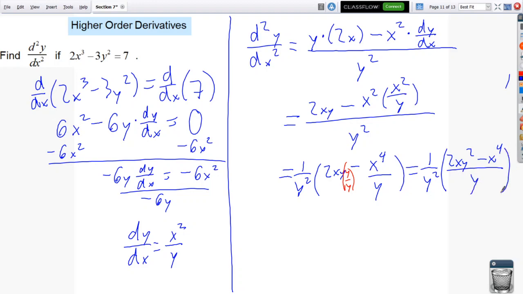And if I wanted to do this problem entirely the way I personally, Mr. Wojciechowski, like to do it, I would now multiply in that y squared by that y. And I would have 2xy squared minus x to the 4th all over y cubed. But I will tell you, this answer right here, if you leave it there, 100%. Leave it here, 100%. Any of these answers from this answer down are acceptable.